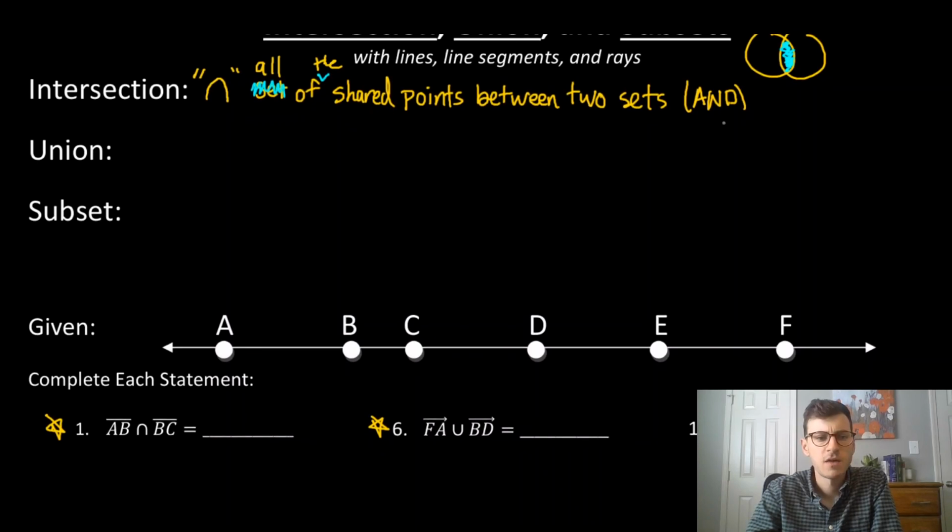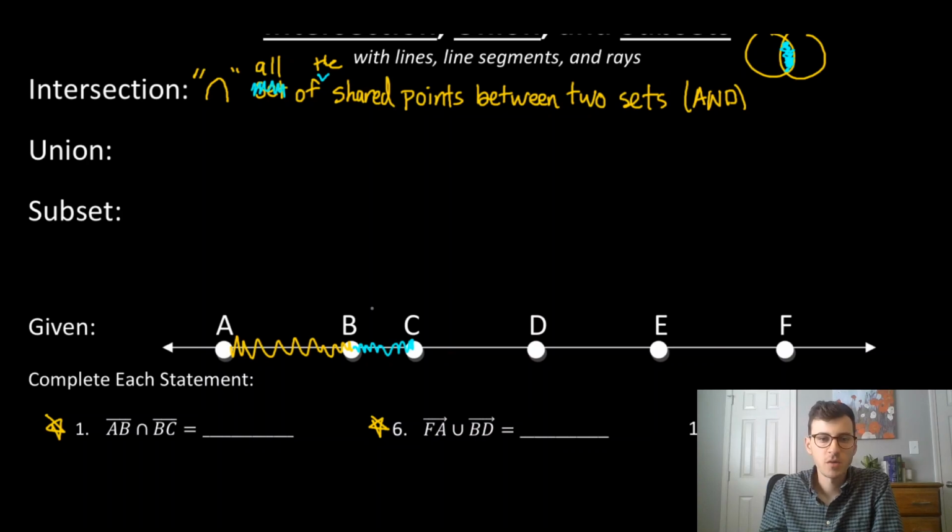So here we have AB intersect BC, right? Where those two intersect. So I have AB right here and BC right here. What point or points do those have in common?